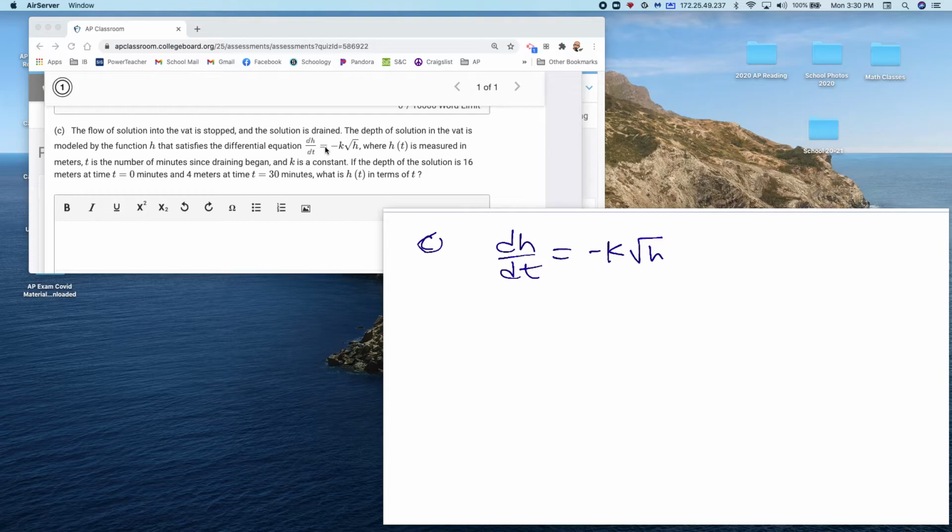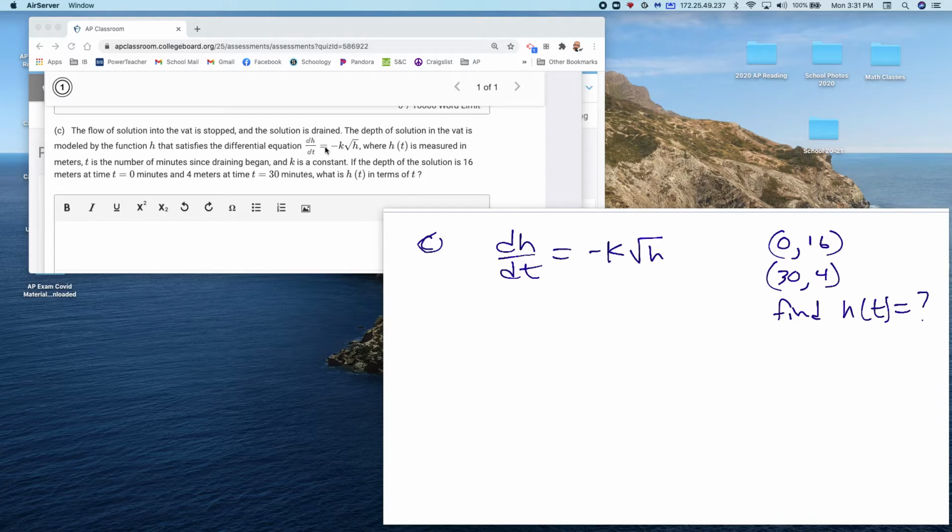And then they go on to say that 0 goes with 16 and 30 goes with 4. And they say find h of t. So now we do have to do separation of variables.